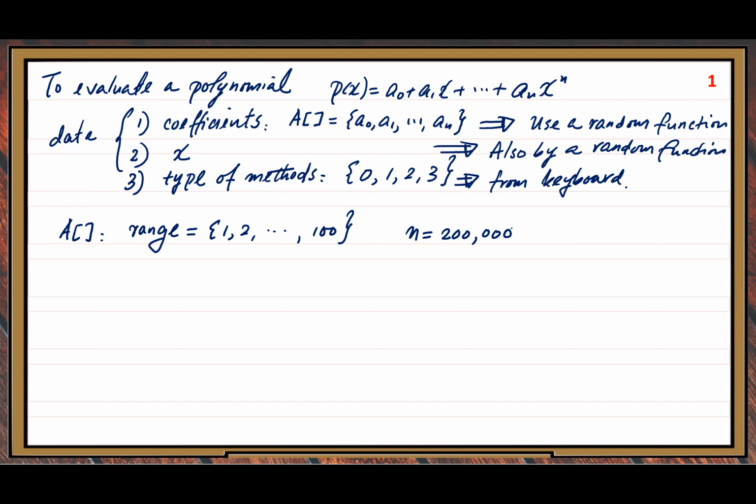Later I will explain this number. So here, let's assume our polynomial degree is 200,000. Then one student asked me, because the coefficient value we can only choose from 100, but we have 200,000 plus 1 coefficient numbers we need to generate, then we have a lot of repeated values, right?